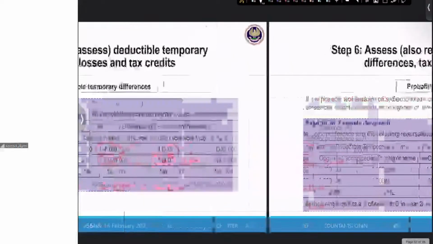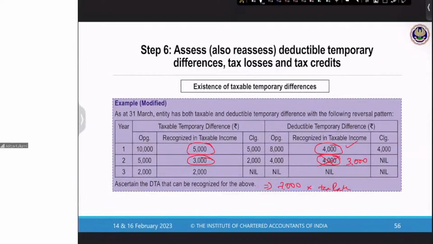Where has 7,000 come from? It has come, right? 4,000 in year 1, 3,000 in year 2, 0 in year 3. So 7,000 is the deductible temporary difference. This is not tax. This is not DTA. On the DTD, when you apply the tax rate, it becomes DTA.